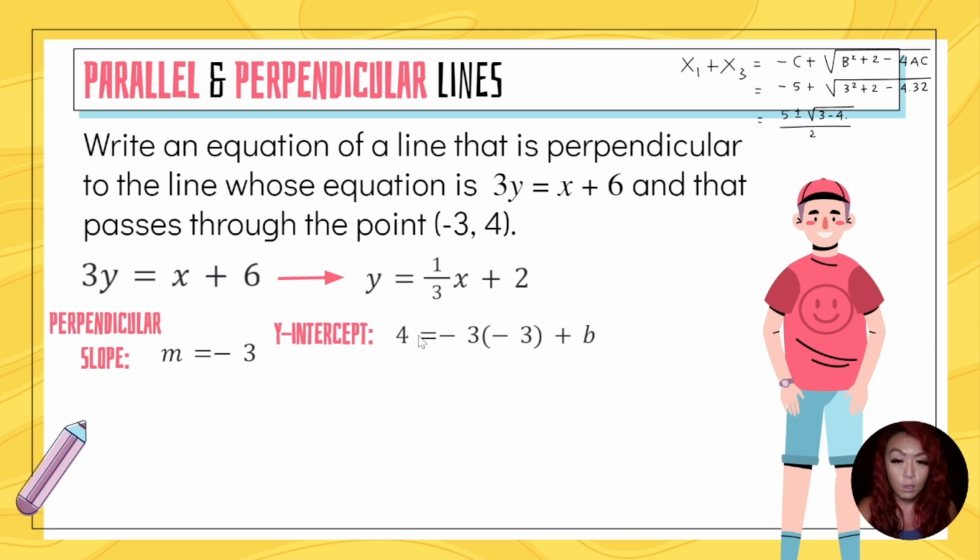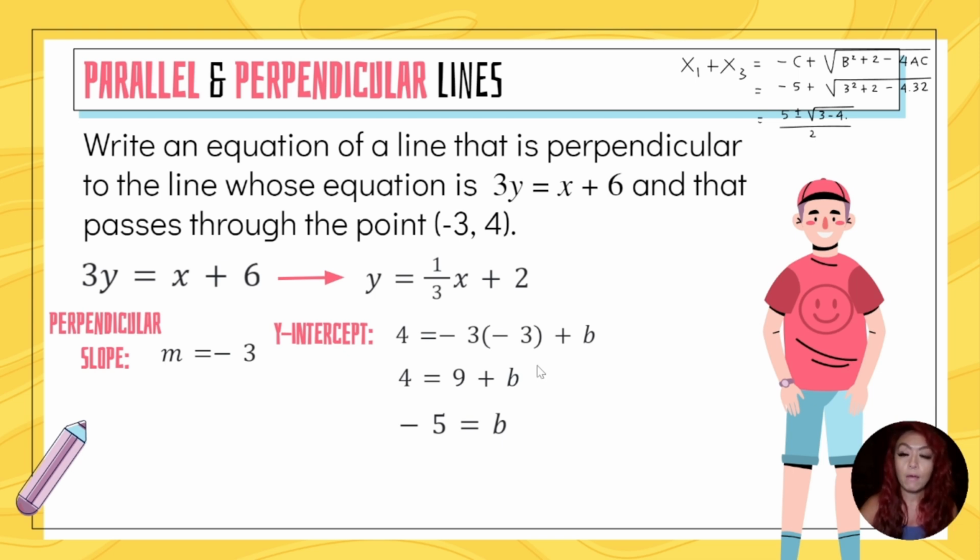So 4, which is our y value, equals -3, our perpendicular slope, times -3, our x value, plus b, the y-intercept, which we're going to try to solve for. So now we simplify. 4 equals 9 plus b, and we use inverse operation, subtract 9 on both sides, and we get b equals -5.